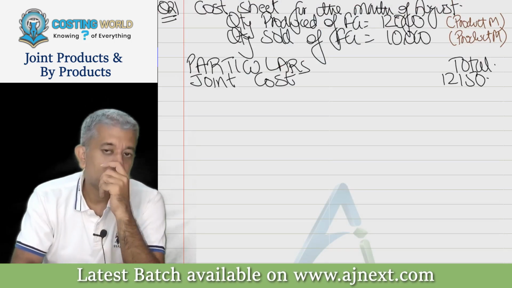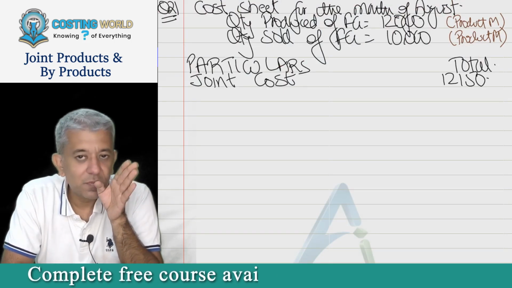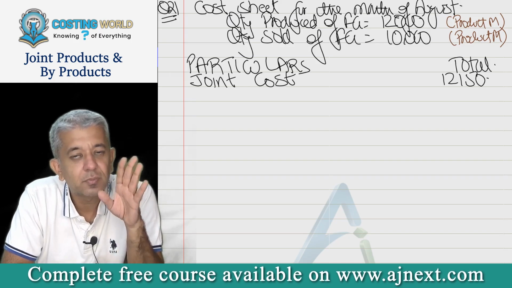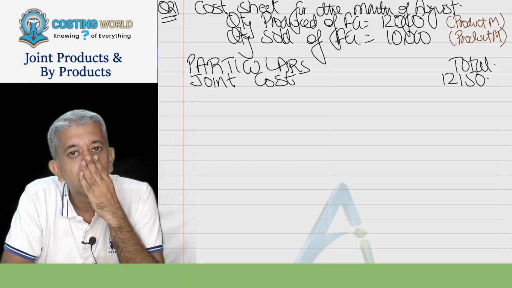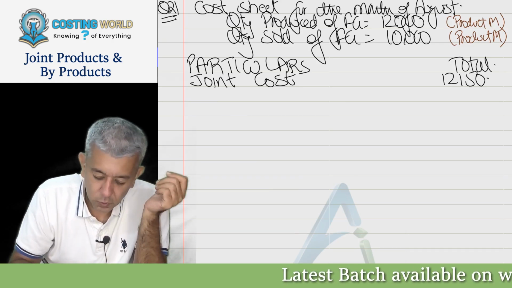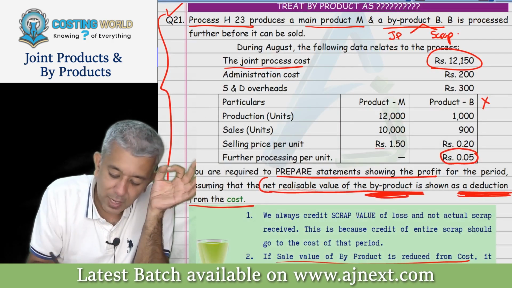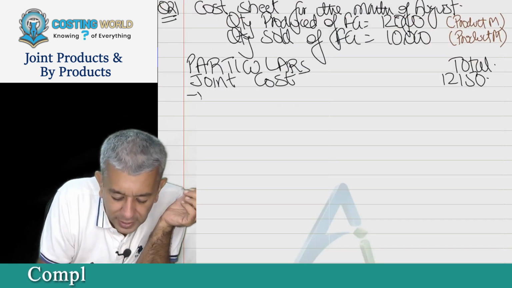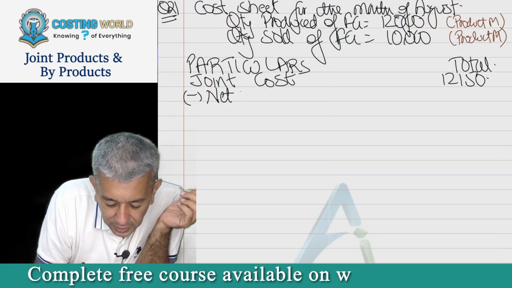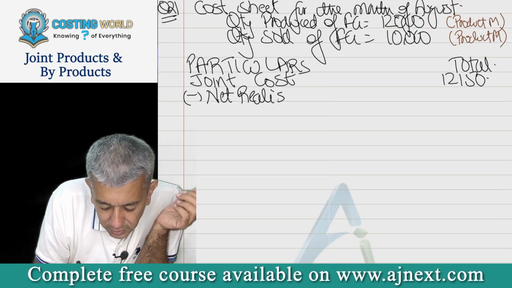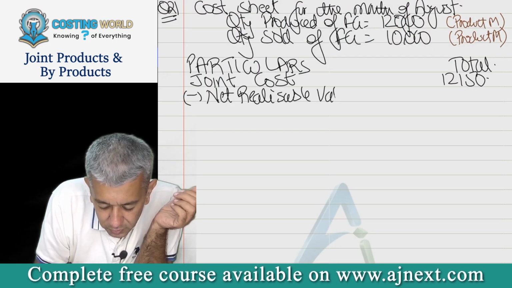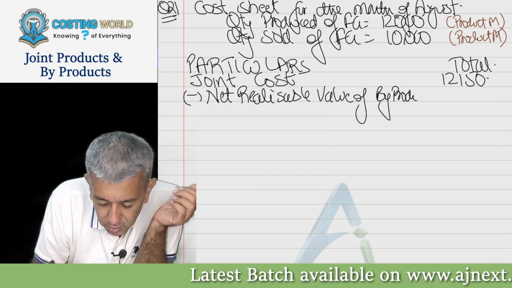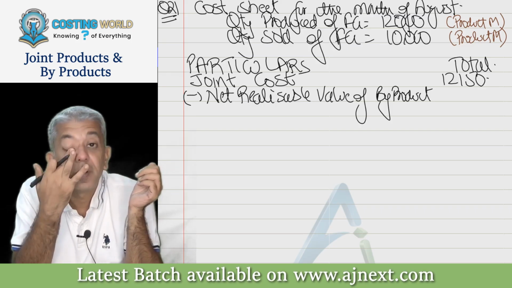Now one thing, now everybody will listen. Can we say we have to deduct something from here? Yes, sir. Okay, and that is whatever is in the question. I'm writing exact words in the question. Less net realizable value of byproduct.